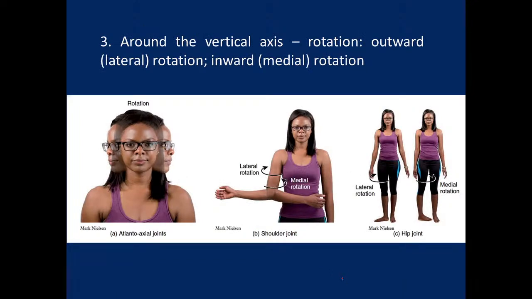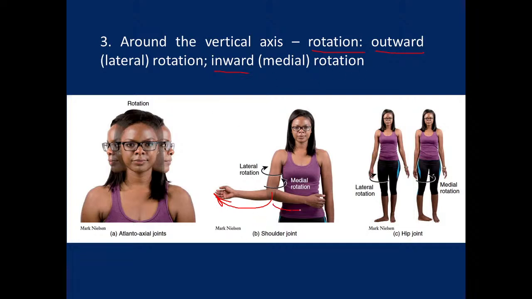Around the vertical axis, we call this movement rotation. Outward or lateral rotation, and inward or medial rotation. When we do it this way, we call it lateral rotation or outward.